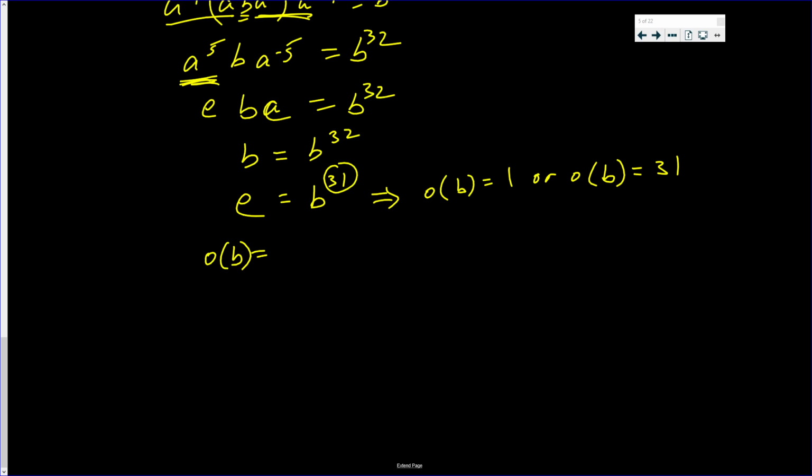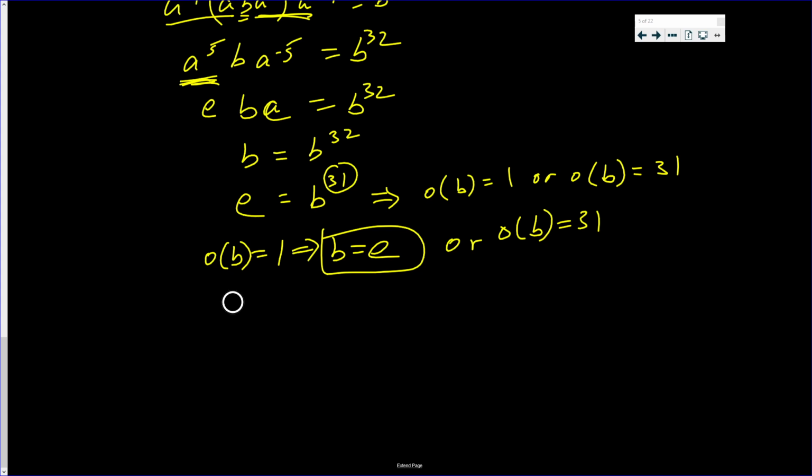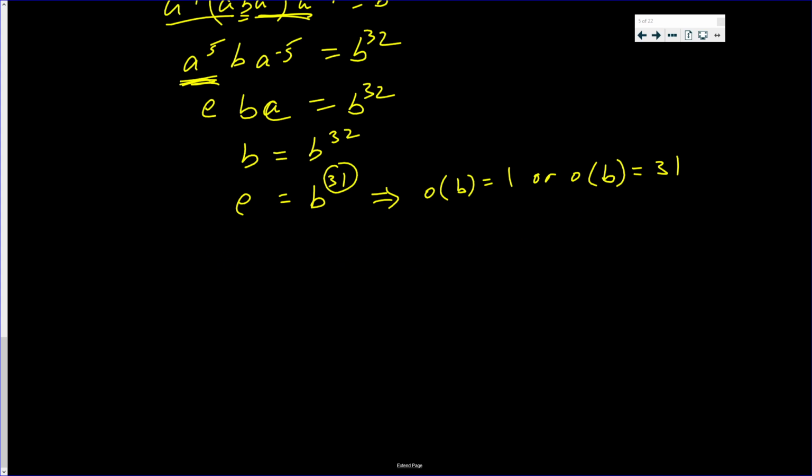The order of b equals 1 implies that b can be e, or the order of b is 31. In fact, they just asked us for the order of b.